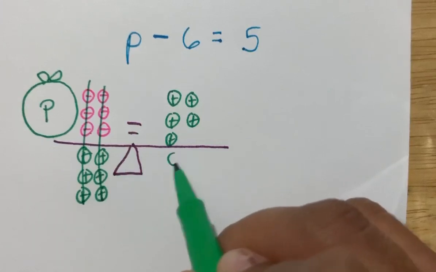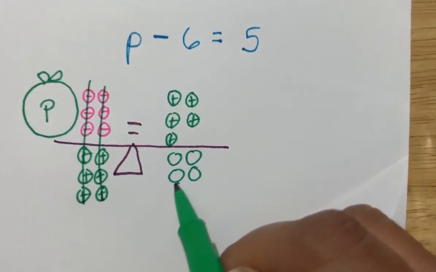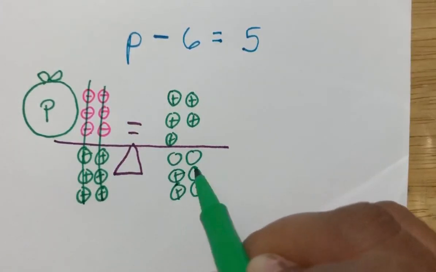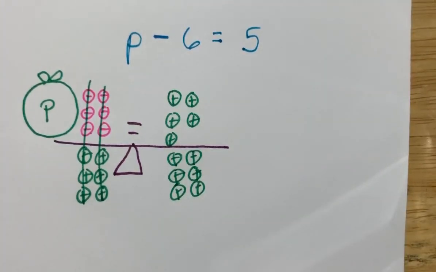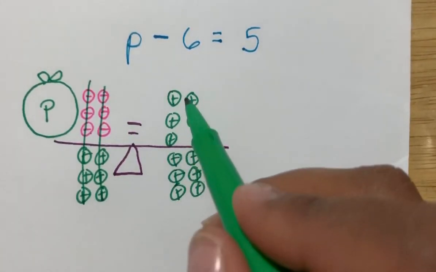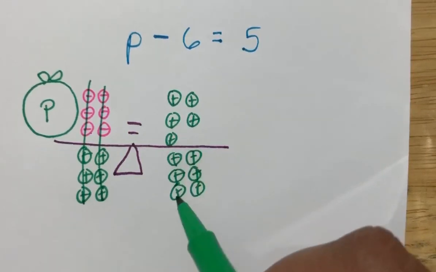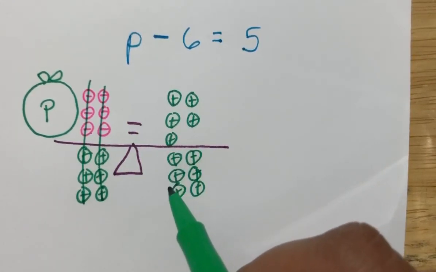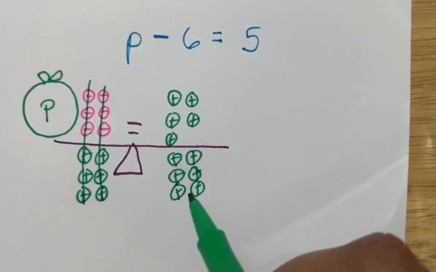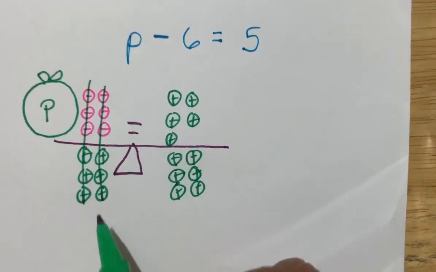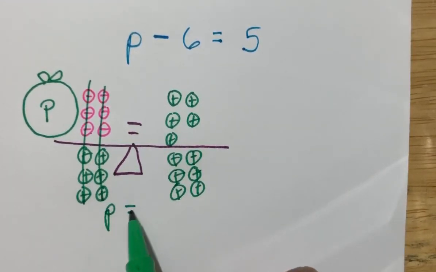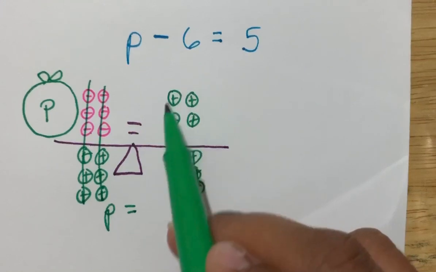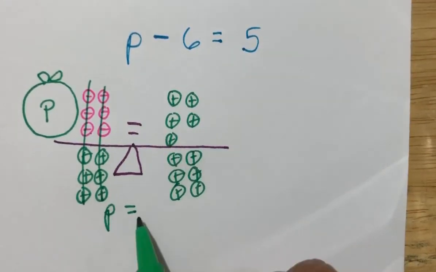So I'm going to do the same thing over here. Okay, and these guys are not going to cancel each other out. They are all positive. So they're friends, they hang out, and they party together. So what is inside our pouch is 5 plus 6, which gives us 11.